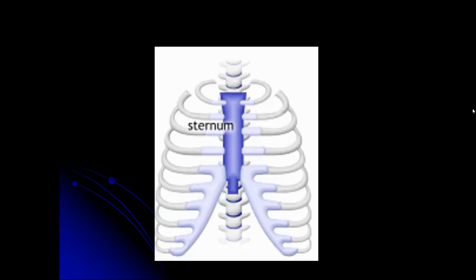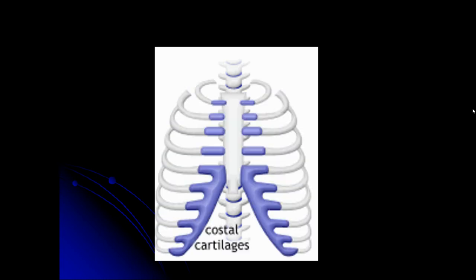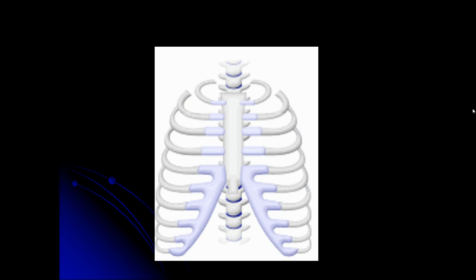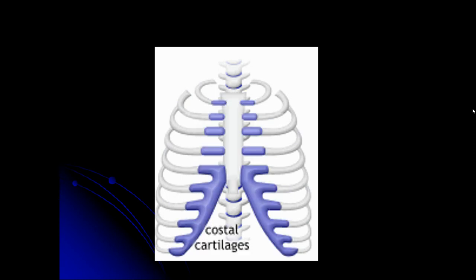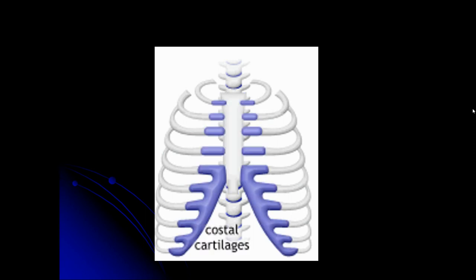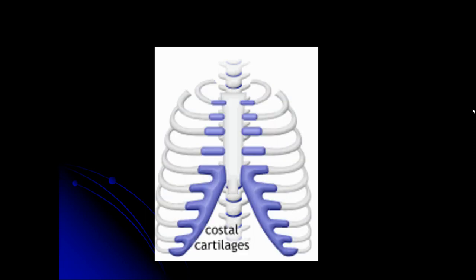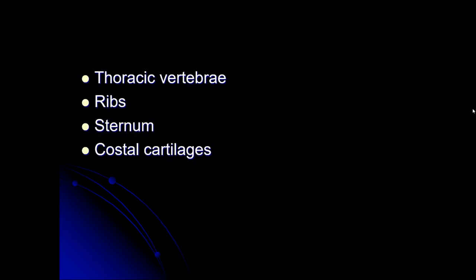Let's look at the bony thorax, or the rib cage. So it looks like this. And so there's 3 parts to this. There's the sternum, there's the costal cartilages, which are hyaline cartilage, and then there are the ribs. We're not going to talk about the costal cartilages, but we are going to talk about the sternum and the ribs.